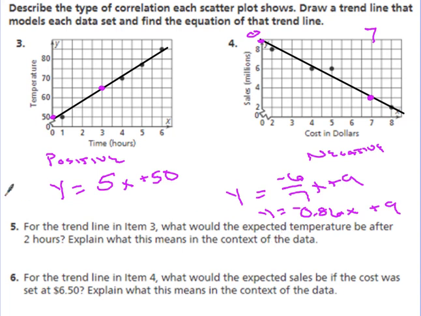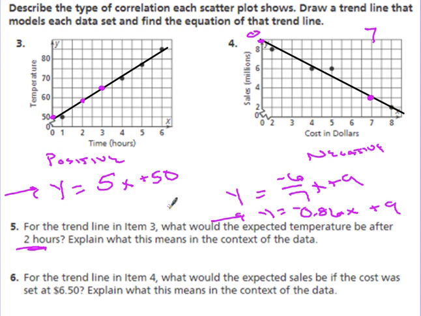What we do with these trend lines is we use these equations to make predictions. So for the trend line in item number 3, what would you expect the temperature to be after 2 hours? I go to 2 hours, look at my graph, and that's right here where the line is. Looks like it's about 58 degrees, maybe even 60.